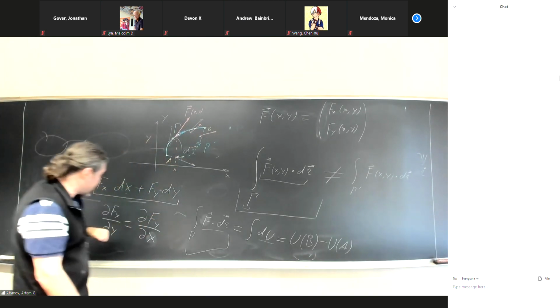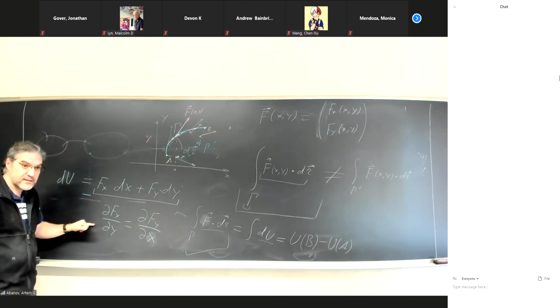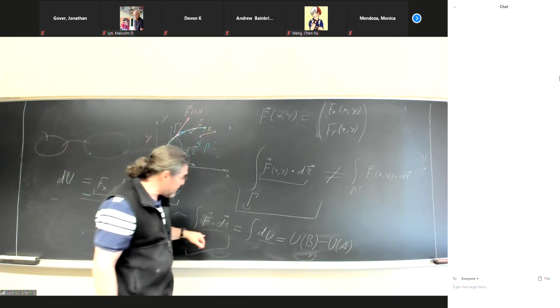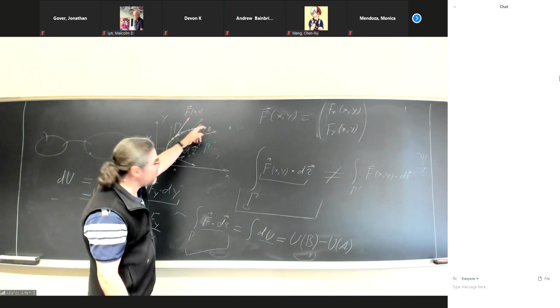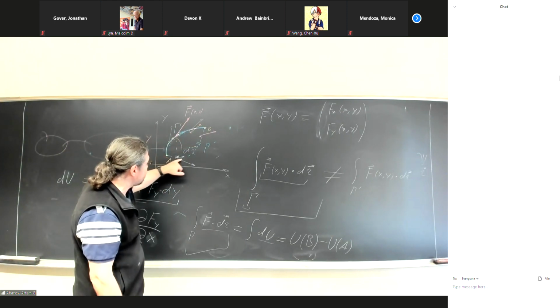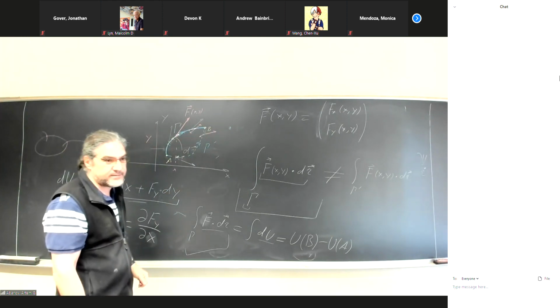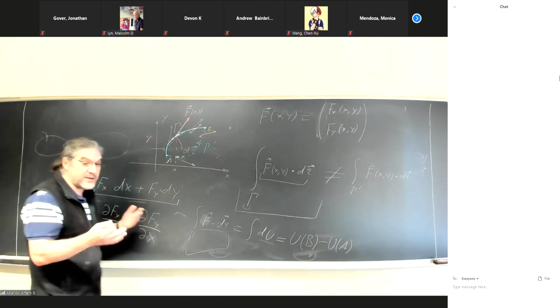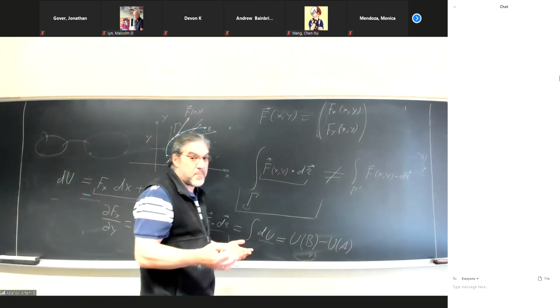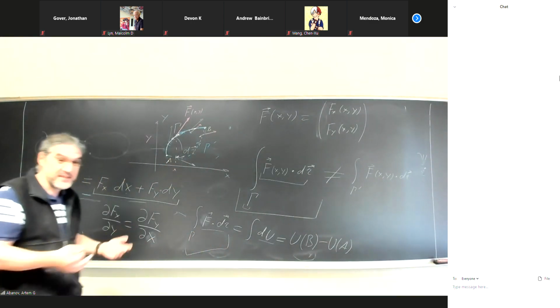But if this relation is satisfied, then the value of this construction when you use this path will be exactly the same as the value of this construction when you use this path. I think this is absolutely remarkable. All right? That makes sense?